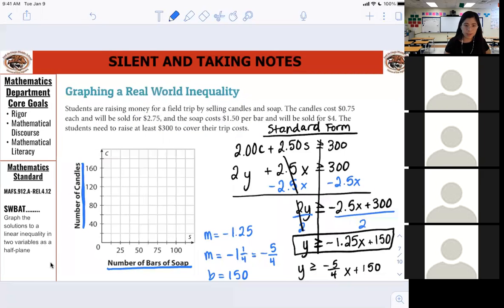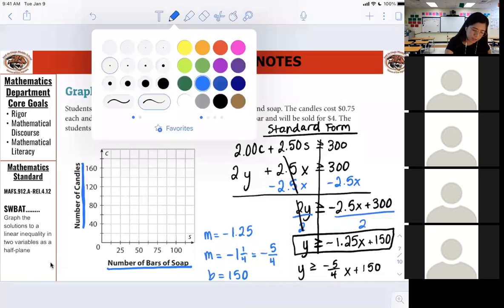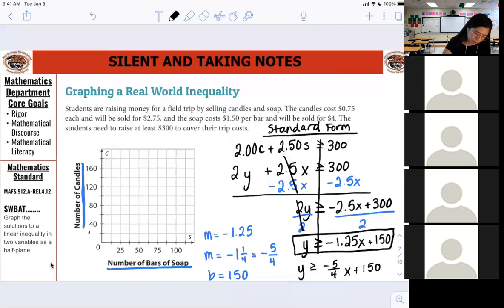So when I graph this, the first point that I put down is going to be where? 150, on which axis, x or y? On the y-axis. All right, now this is a little annoying because this y-axis is going by 20s.